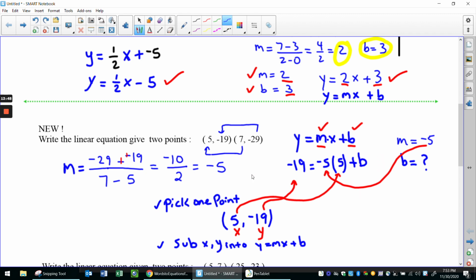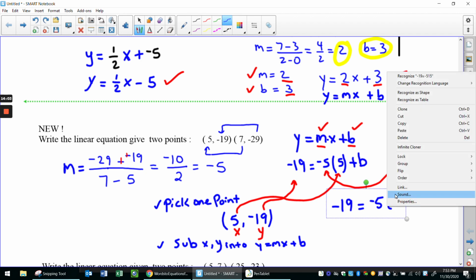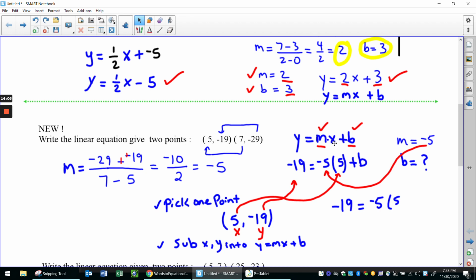So I'm going to rewrite this here. Negative 19 is equal to negative 5, which is my slope, times 5, which is my x, plus b.